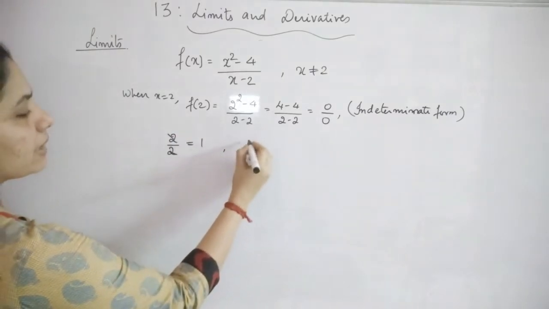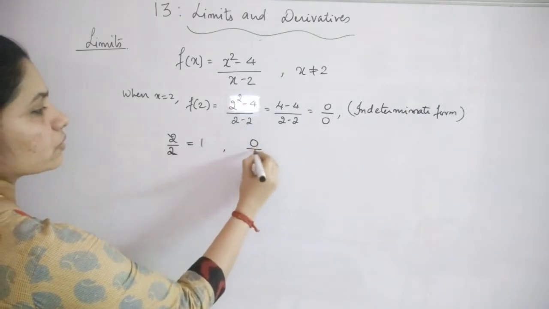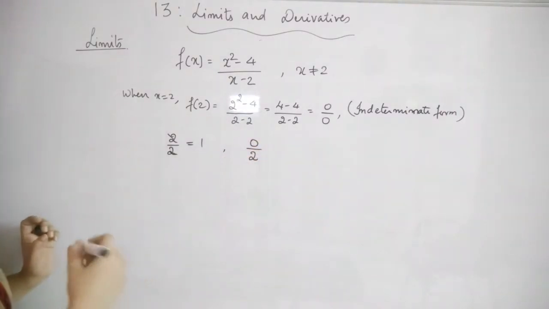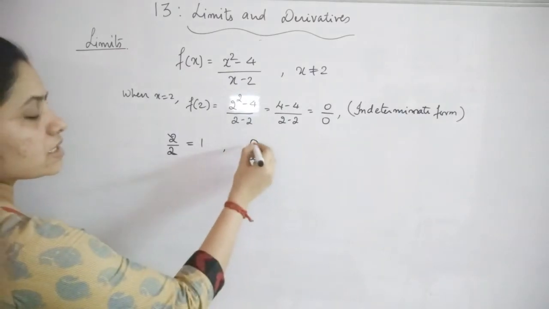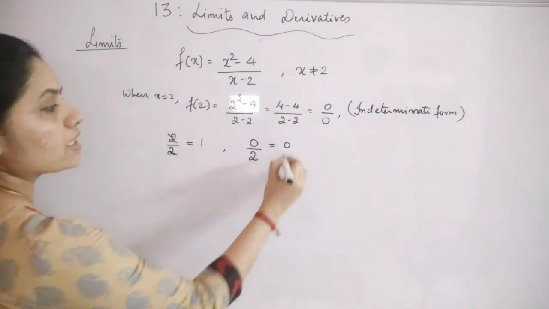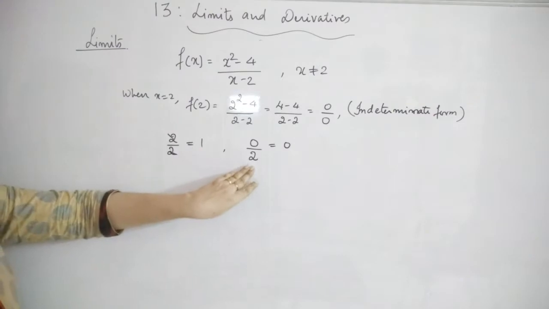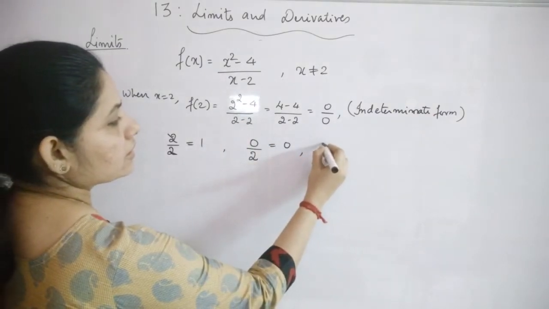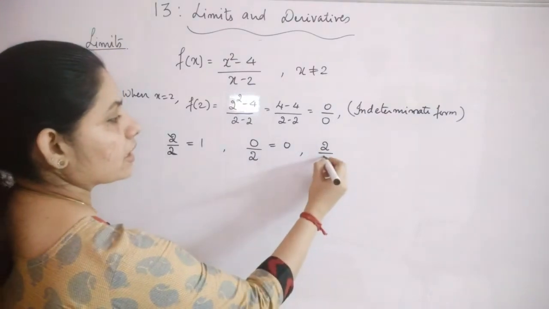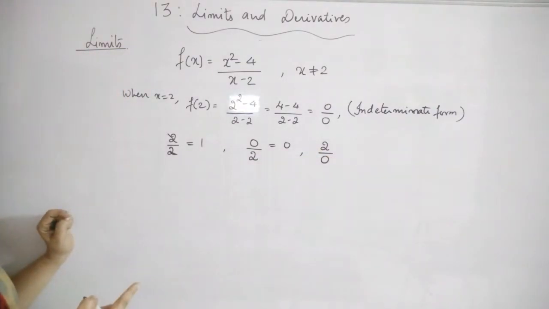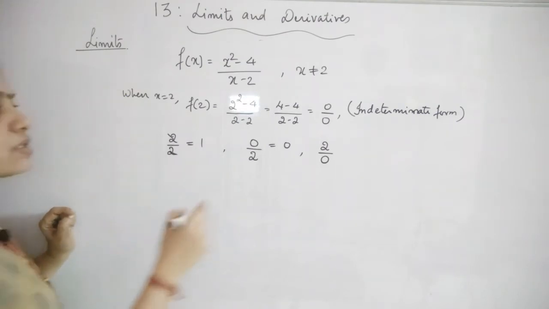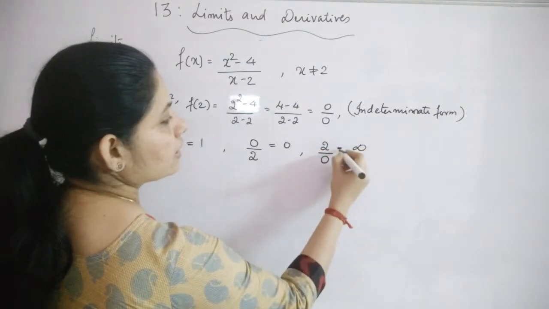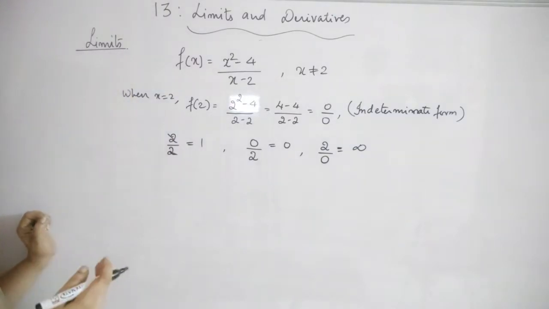Now suppose I am taking the numerator to be 0, that is 0 by 2, what will you write the answer to be? Since in the numerator you have 0, you know that whatever is in the denominator, you will get 0 only, right? Now if the numerator is any number, say 2, and the denominator is 0, we know that if the denominator is 0, we will say that it is not defined or it is infinity.